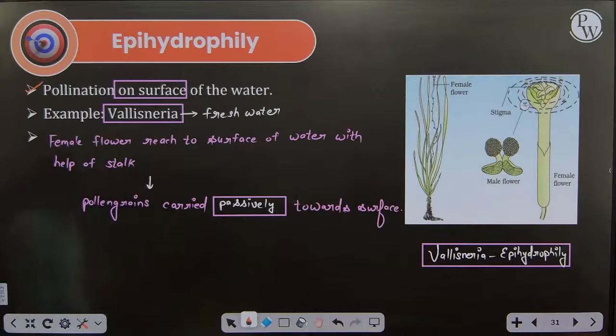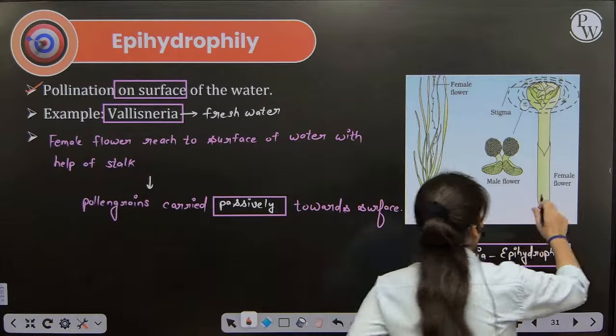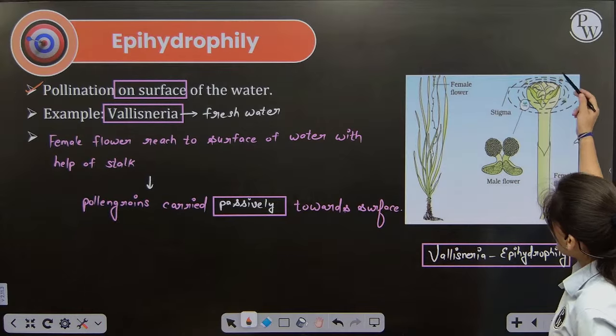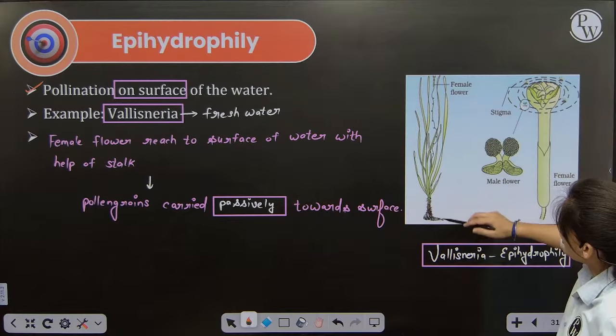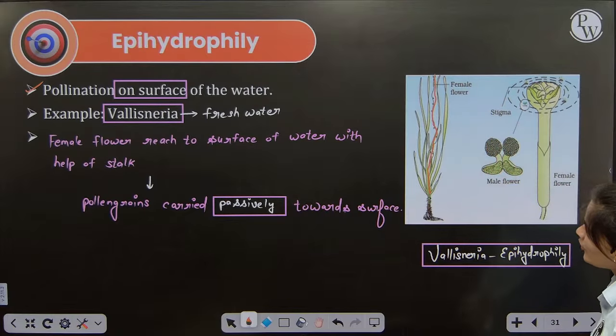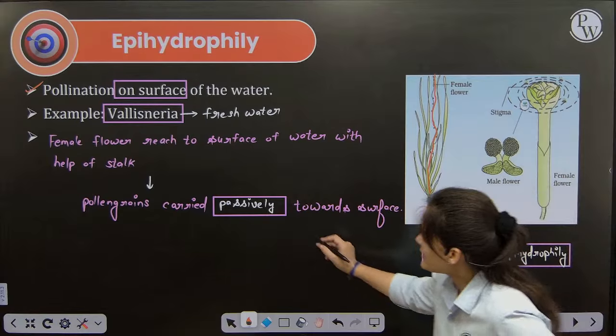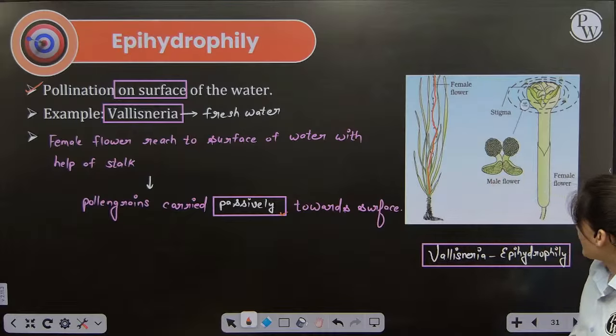In the case of Vallisneria, what happens? The female flower reaches the surface of water with the help of a stalk. Then what about pollen grains? They are carried passively towards the surface. Example of epihydrophily is Vallisneria.